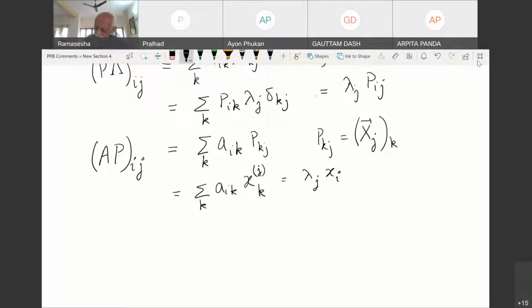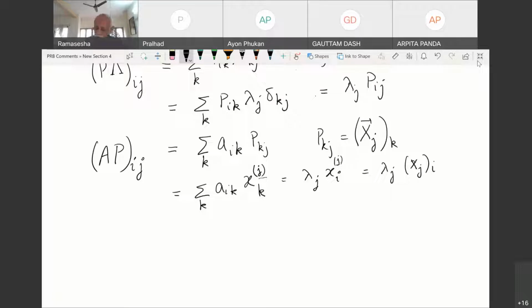Of the jth element, of the jth eigenvector. Okay, so or this is equal to lambda j times xji, because when you multiply, what you are having is pkj is nothing but the jth eigenvector and the kth element. Okay, so jth eigenvector, I have tried to put it in superscript.